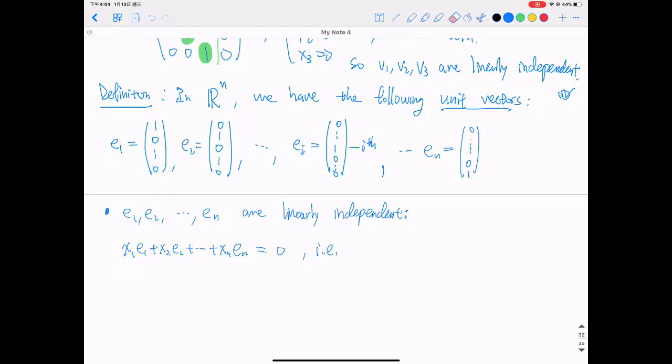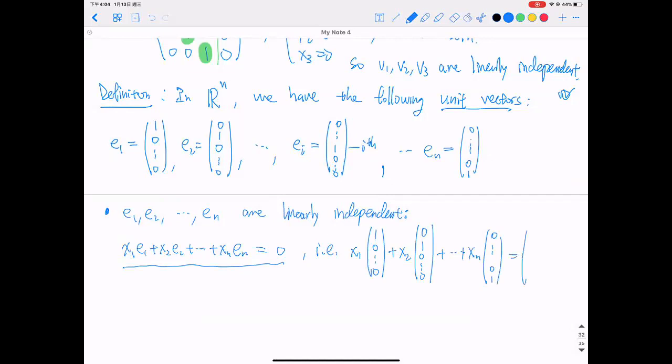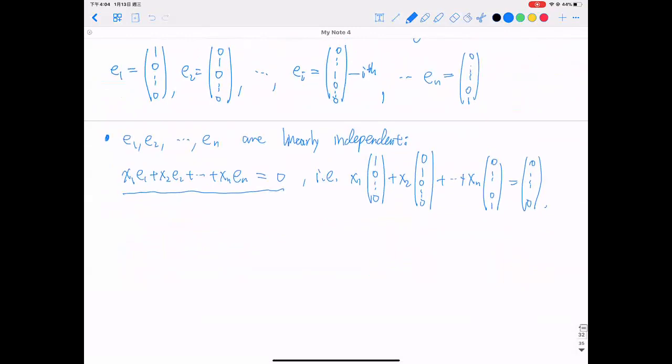This equation is the linear system x1 E1 plus x2 E2 plus up to xn En equals 0.